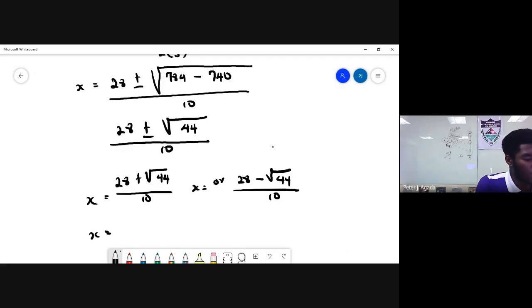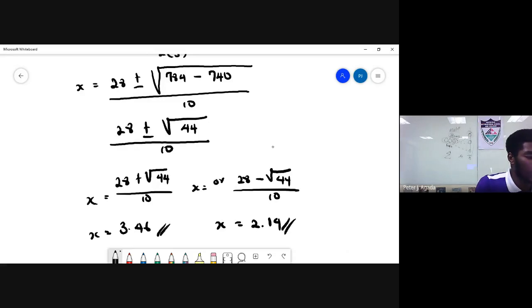So my x here will be 3.46, and here will be 2.14.